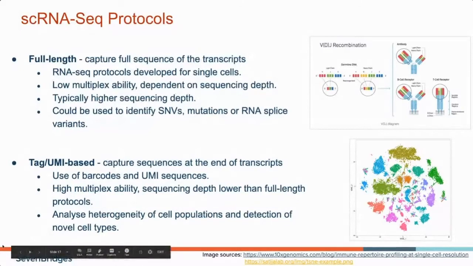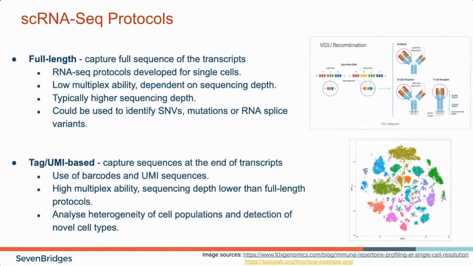One feature of single-cell analysis is the existence of a large number of sequencing protocols. The main difference between protocols is whether they capture the full length or just one end of a transcript. Full-length protocols developed for single cells are quite similar to protocols for bulk RNA-seq. They have lower multiplexability, meaning that you can combine fewer cells per sequencing run.